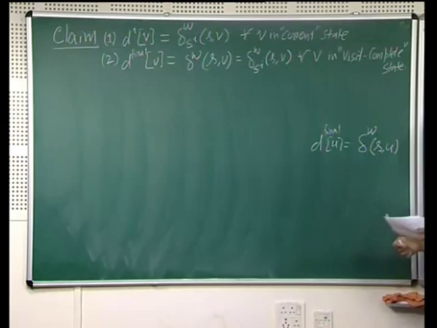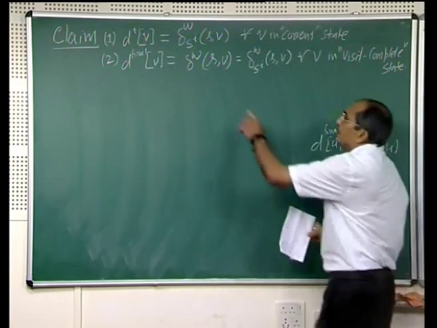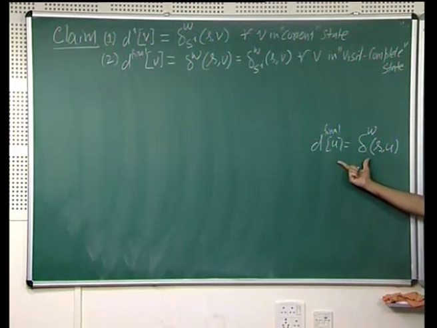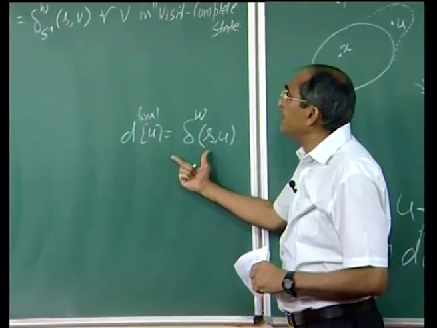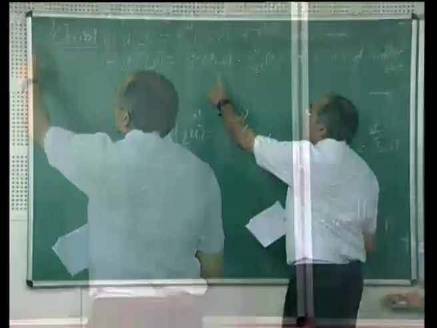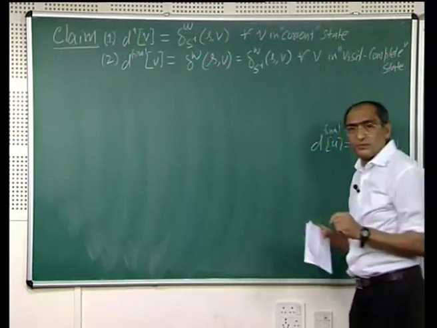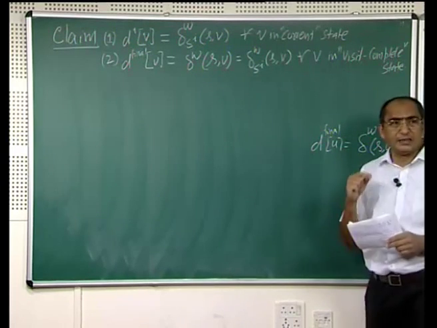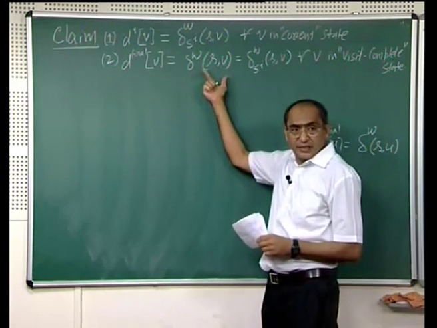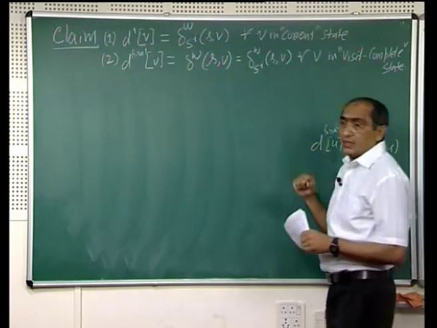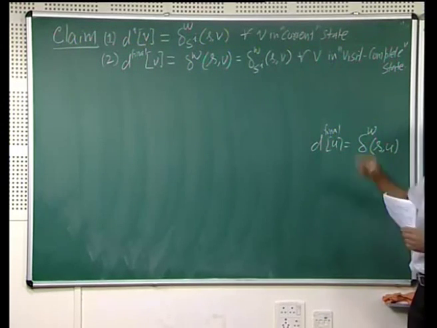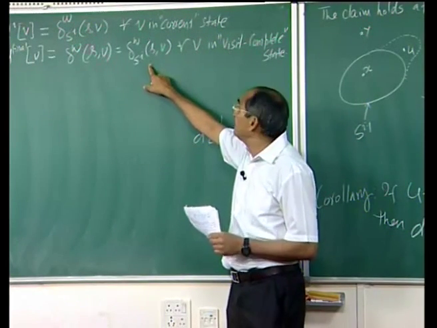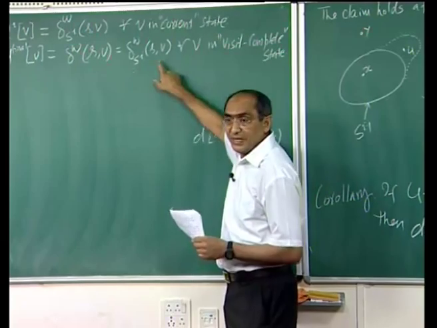There is something hidden in this claim. What we are saying is that the final value is the same as the shortest weight from S to V, but it is also this, which means that there is a path of the shortest weight from S to V. V is already in visit complete, so all intermediate vertices for such a path must be in, which means the entire path is contained in Si.